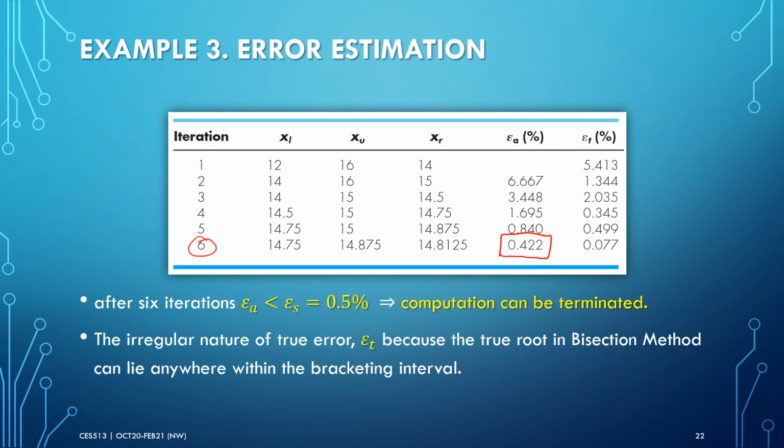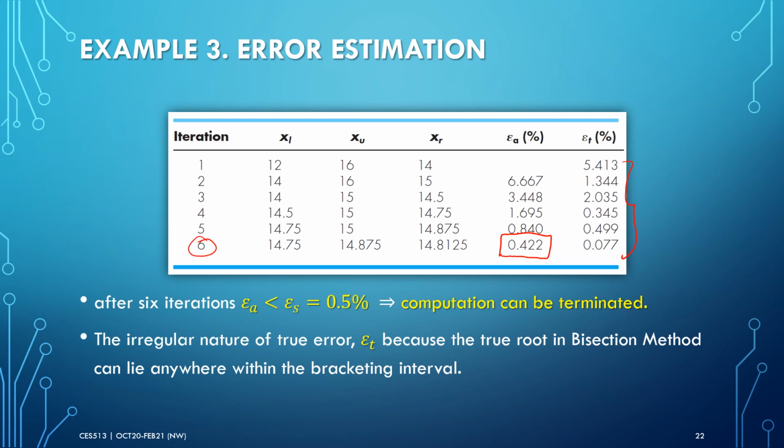Okay, the irregular nature of the true error, as you can see here, is because the true root in the bisection method can lie anywhere within the bracketing interval. It's not stuck in one location. So the true and approximate errors are far apart when the interval happens to be centered on the true root, and they are close when the true root falls at either end of the interval.